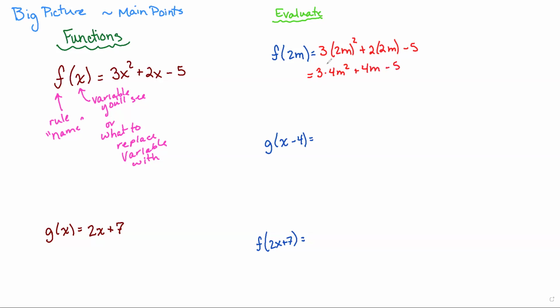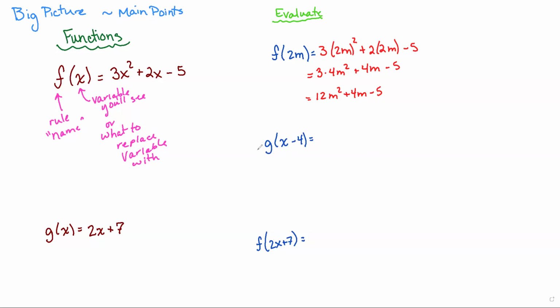So this gives me 3 times 4 is 12, and m squared plus 4m minus 5. I can't find out exactly what it's worth, but I have evaluated it using the different input of 2m, and I ended up with an expression still. So f of 2m is 12m squared plus 4m minus 5.